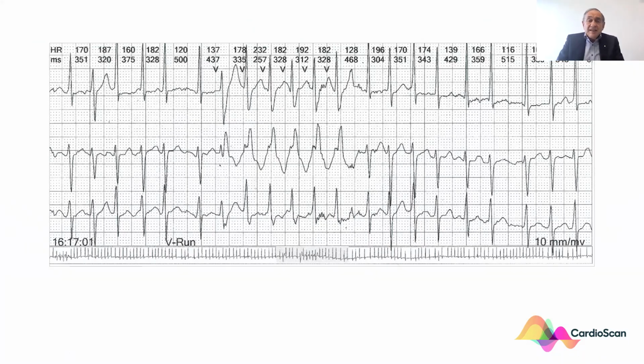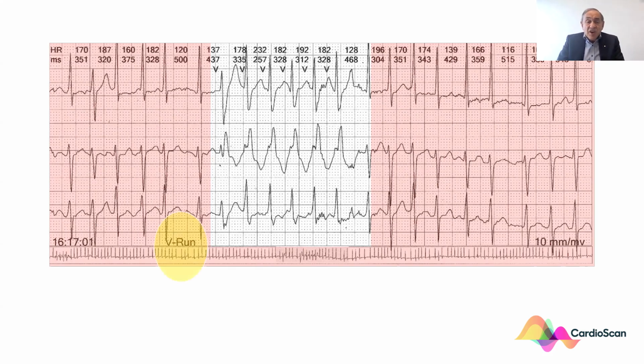You can see that there is a very rapid rhythm and that it is irregular, and quite clearly with the red highlight, this is atrial fibrillation with a very rapid ventricular response. But in the middle of the tracing, we can see a wide QRS.